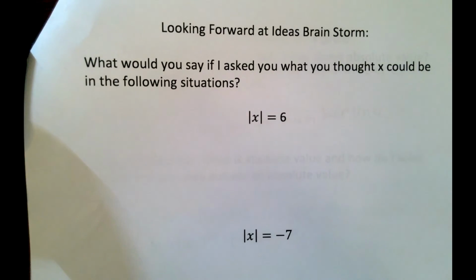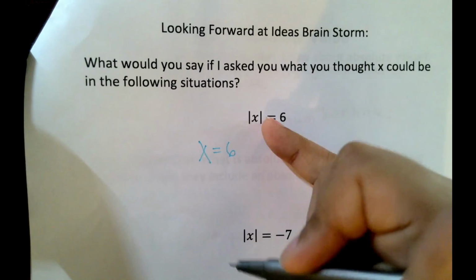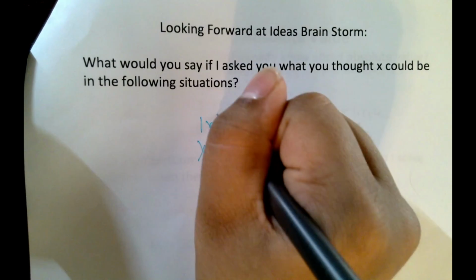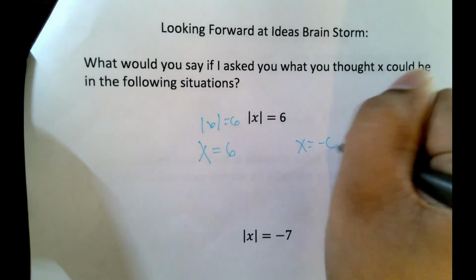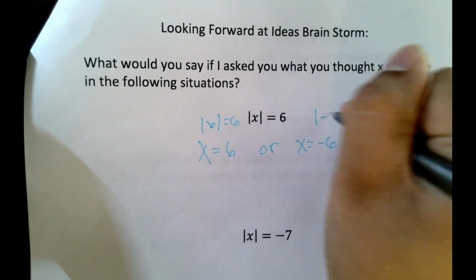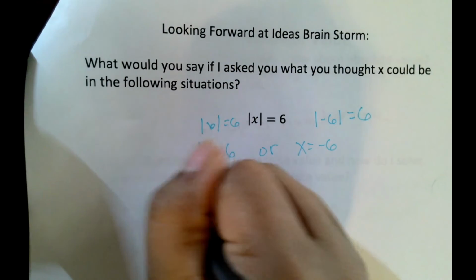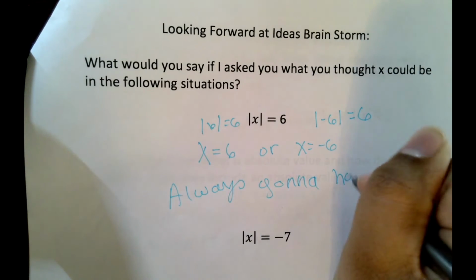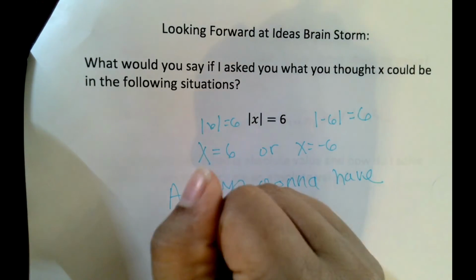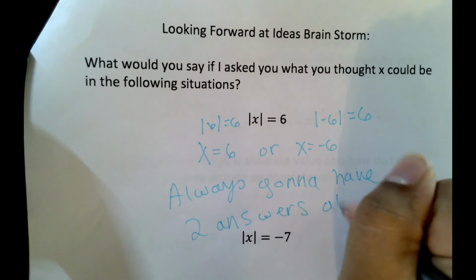Well, x could equal 6 because the absolute value of 6 is 6, right? Or x could equal negative 6 because the absolute value of negative 6 is also 6. Those are the only answers that x could be. So we are always going to have 2 answers for absolute value equations.